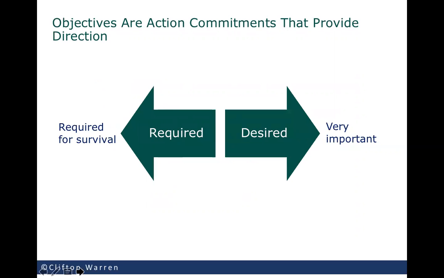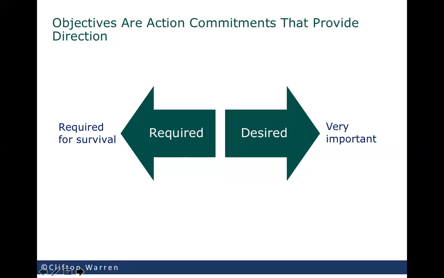These are nice to haves, but very important for the business. And there are also ones that are not so important. So when you're choosing your objectives between required and desire, you want to firstly make sure you've ticked off the things that are required for survival of the business.